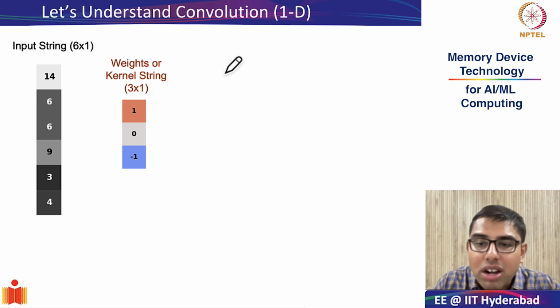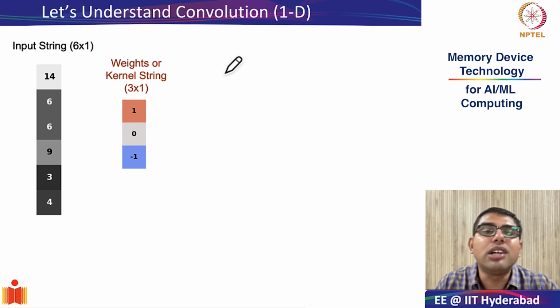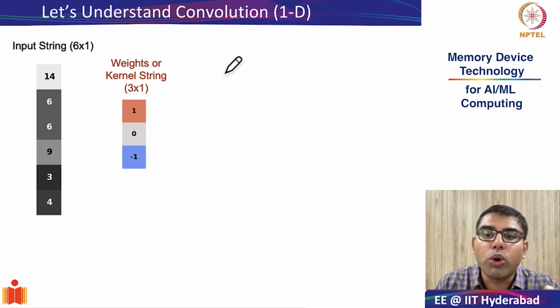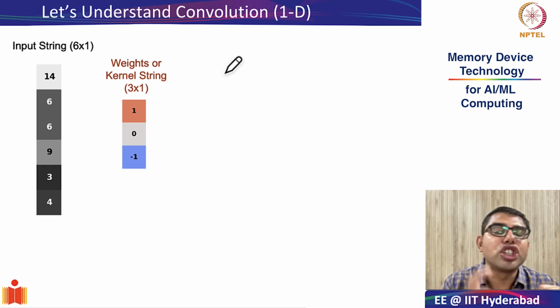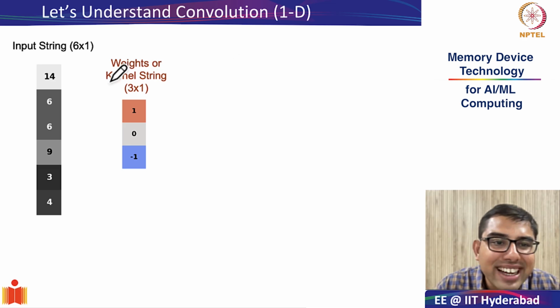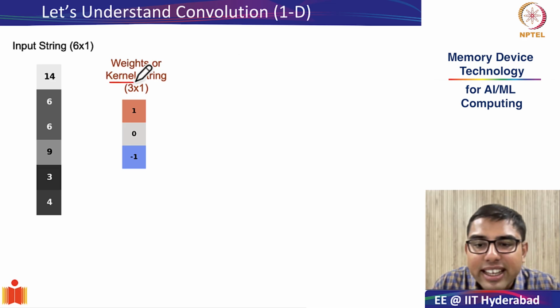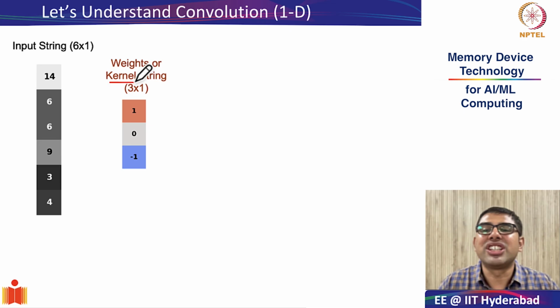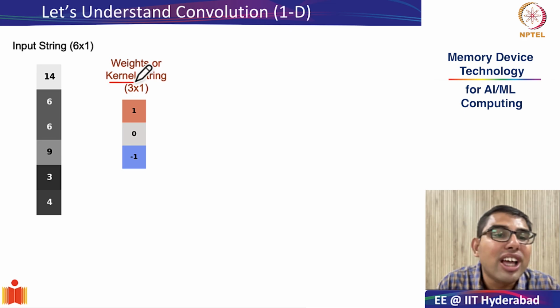However, in the context of neural networks, and especially when we are working with images, we adapt this idea slightly differently. Here, we slide a small filter, or a kernel, across the input. This word kernel, a new word that I'm introducing here, basically means the core or the central part of something, and we will see why it is the core of the convolution operation.